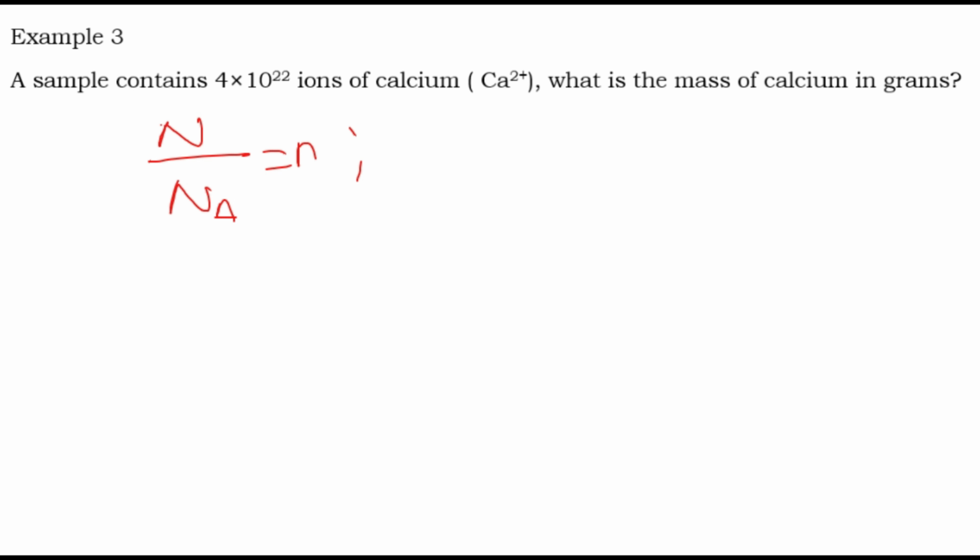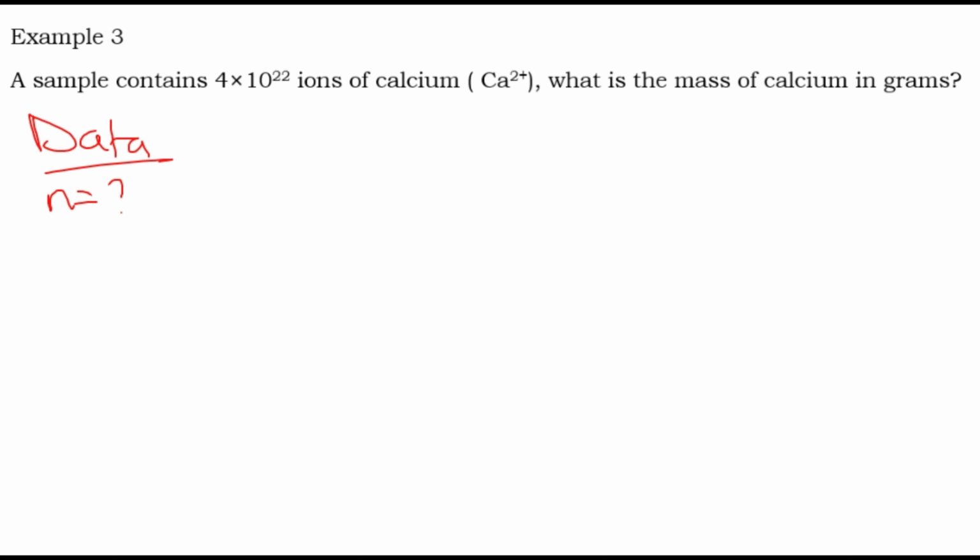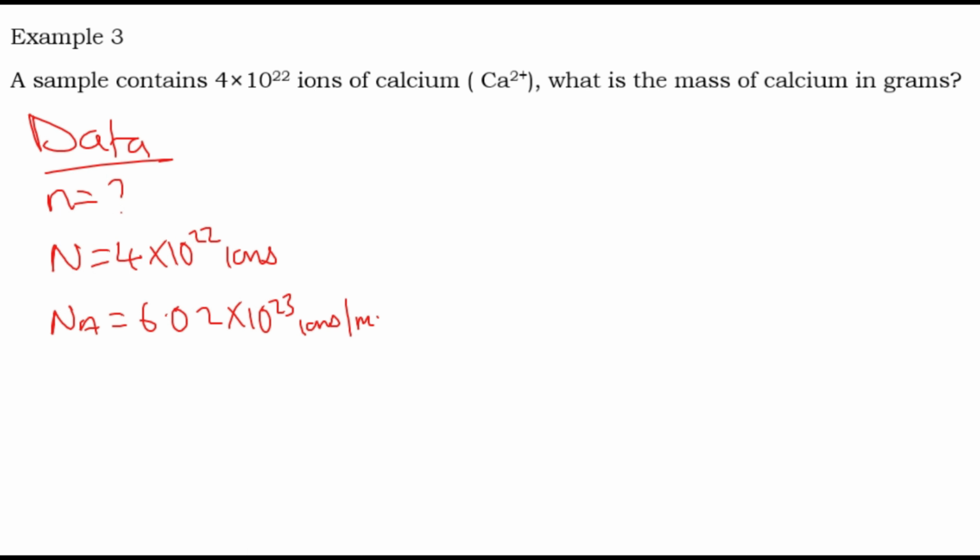Once we determine the number of moles, we use it to find the mass, using the formula number of moles is equal to mass over molar mass. Data: number of moles unknown. Number of particles, 4 × 10^22 ions. The Avogadro's number, 6.02 × 10^23 ions per mole.